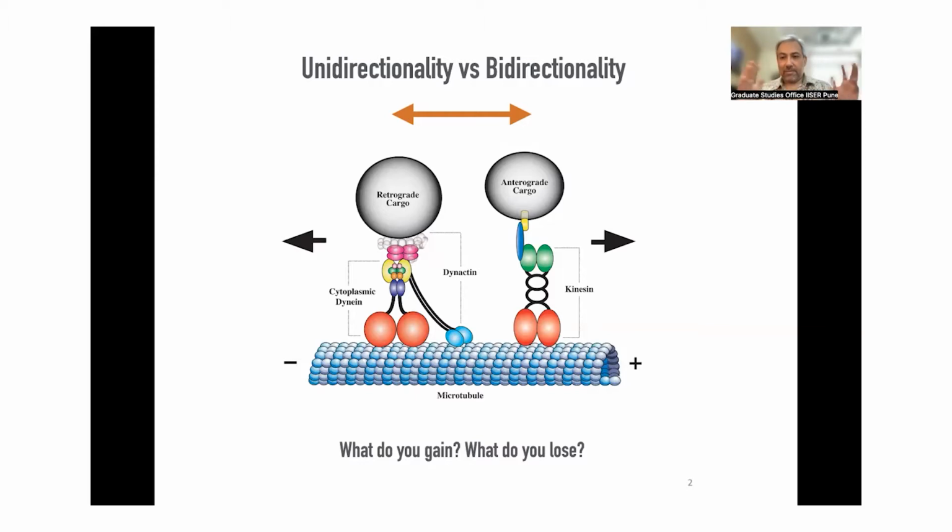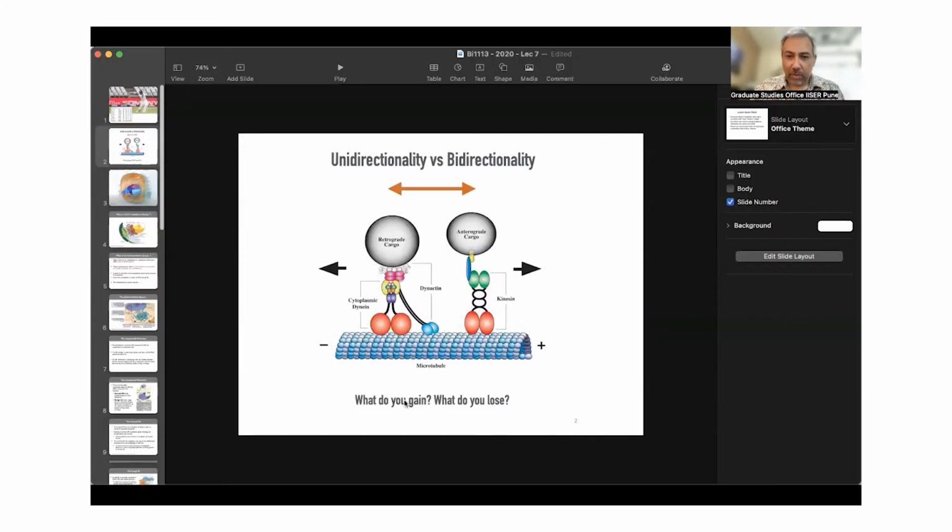Having unidirectionality versus bidirectionality. So anybody have thoughts on this? Let's have a quick discussion on what you think the pluses and minuses would be. If you have a thought that you want to share, you can post it in the chat box, or you can also put your hand up and we'll bring you up to speak about it.